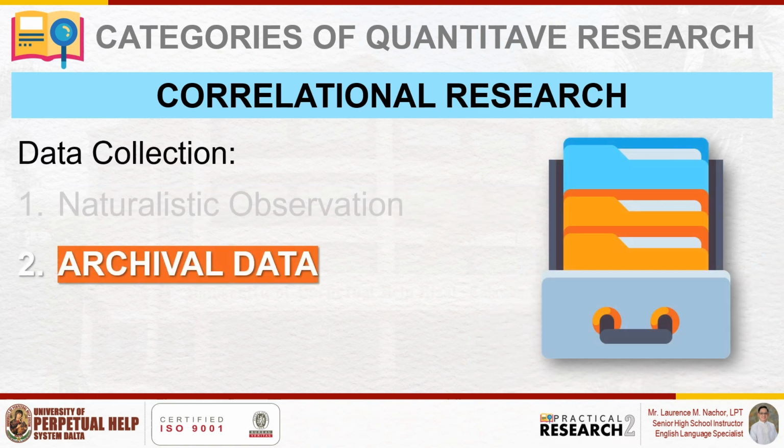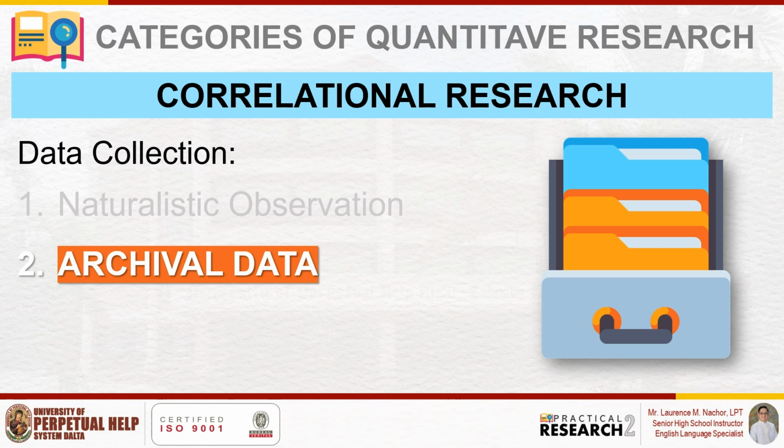On the other hand, we have archival data. It involves analyzing existing data or records that were collected for another purpose. This could include previously published research, school records, survey data from government agencies, or social media analytics.